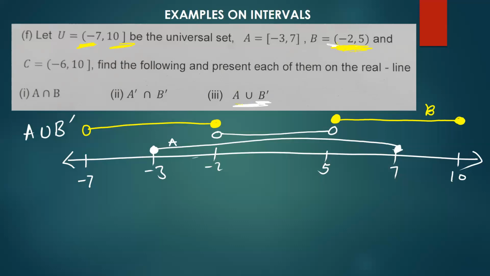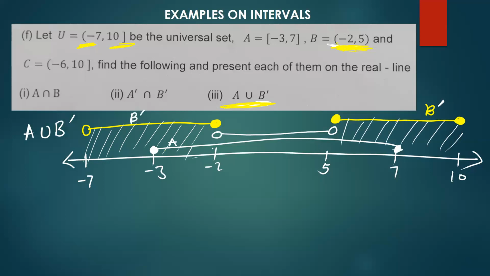So now we're trying to add the two sets, A and B complement. When we combine set A and B complement, what are we going to have? Let's see. So we're combining this set here, and this is also B complement.